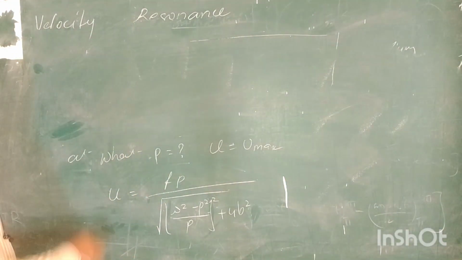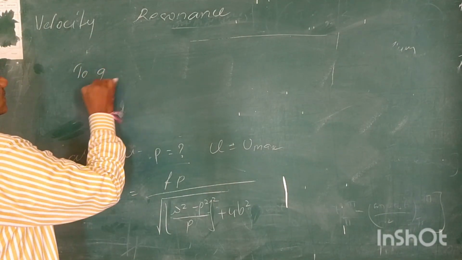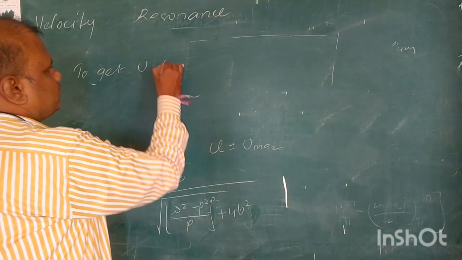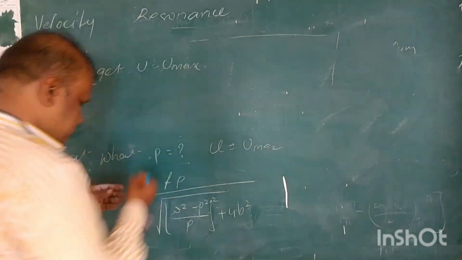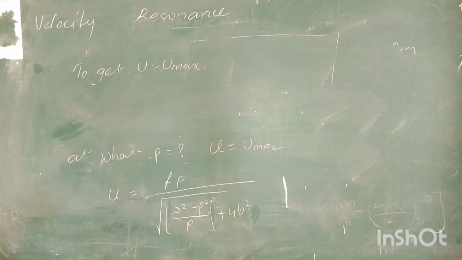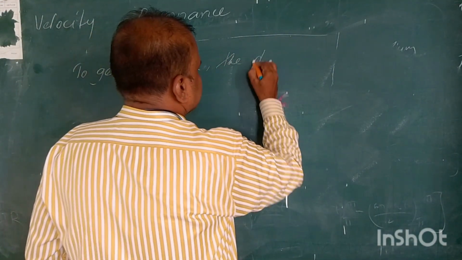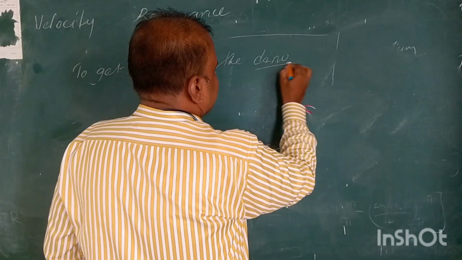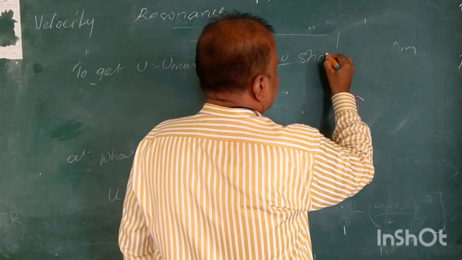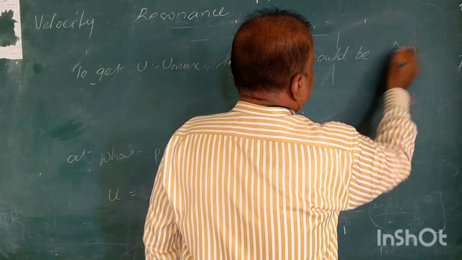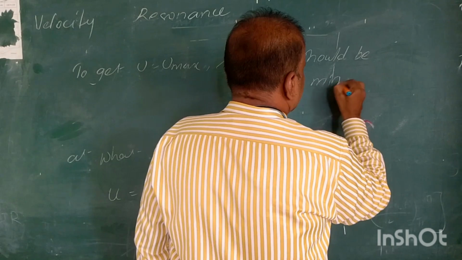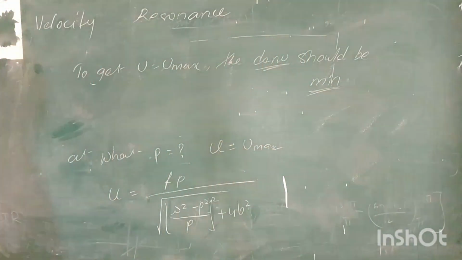So from this equation, to get u equal to maximum velocity, the denominator should be minimum.